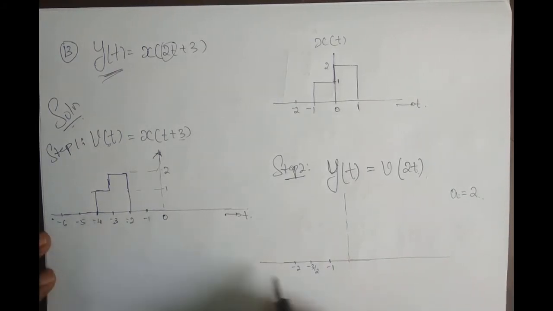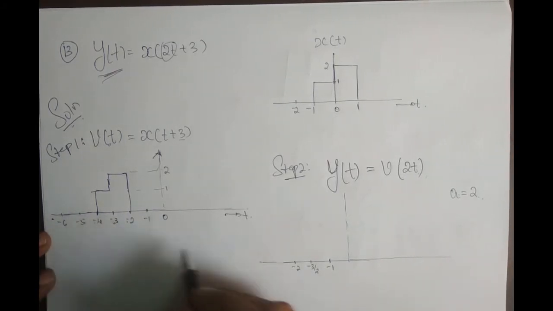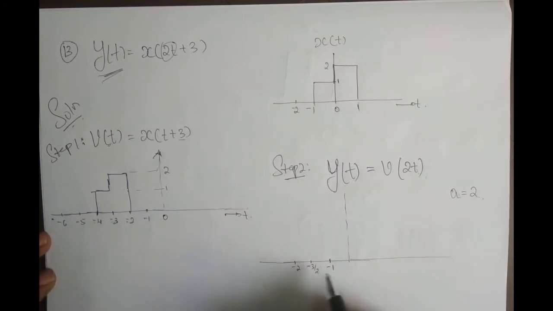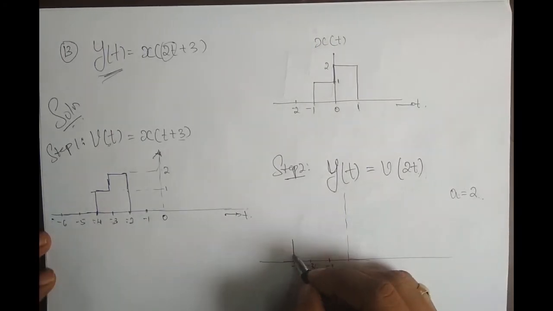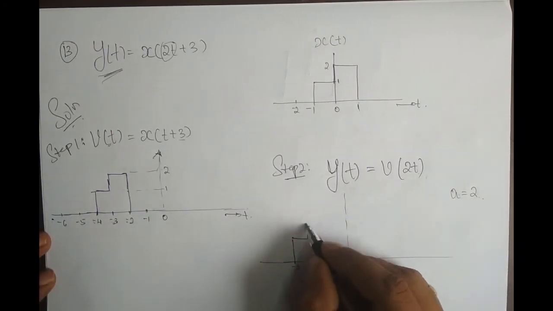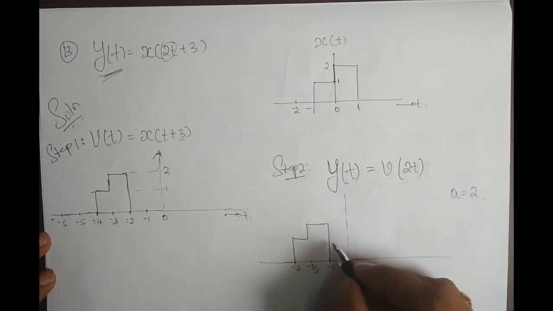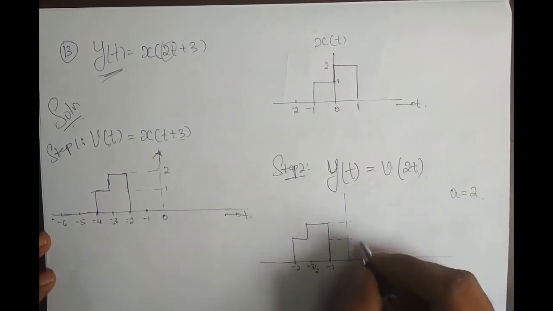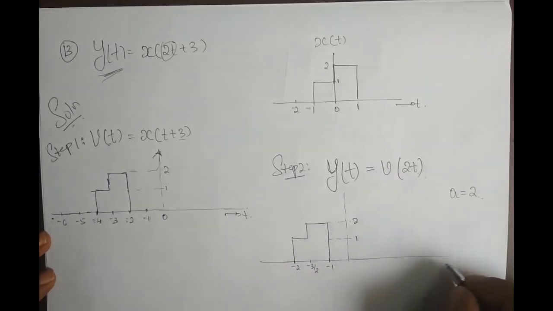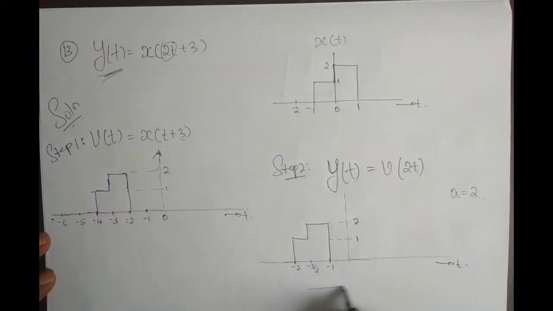So -4 goes to -2, -3 goes to -1.5, -2 goes to -1. The amplitude remains the same. It is basically a compressed version. So amplitude is 1, 2. This is t.